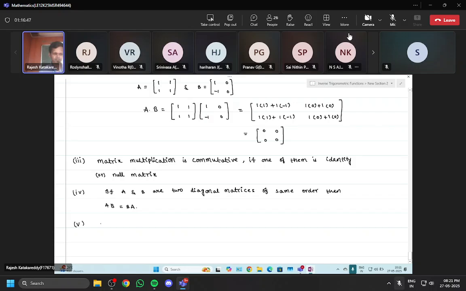We can write A into A equals A square. A into A, n times multiplied, will be A power n. We take A power 0 as the identity matrix.